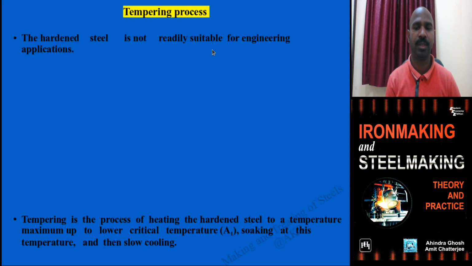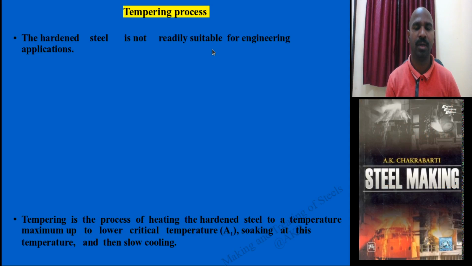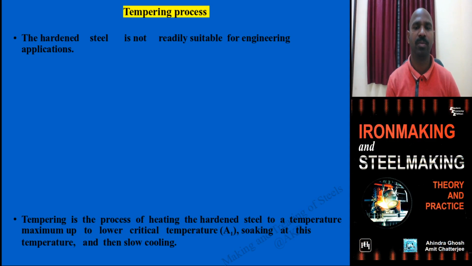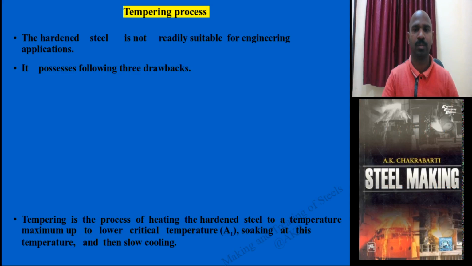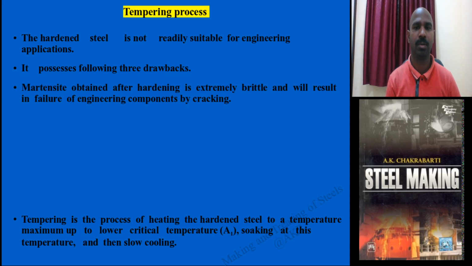Hardened steel is not suitable for engineering application. That was the conclusion for hardened steel, and many reports say so. Then how do you make it suitable? The following three are the drawbacks of why it is not suitable after the hardening treatment.